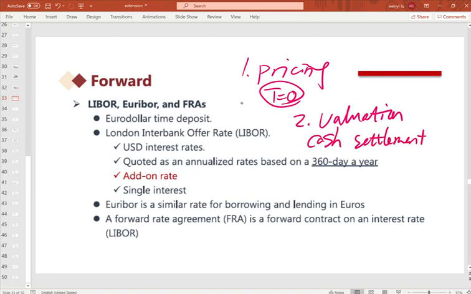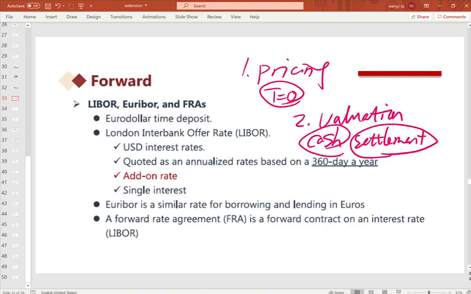After several months, if you try to terminate your contract before expiration, how much cash flow will be transferred from the loser to the gainer? That is how the cash settlement will be solved.